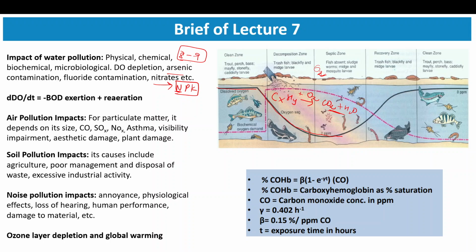This can block the entrance of sunlight and hamper the growth of other living organisms. So it will cause eutrophication, which will again be harmful.